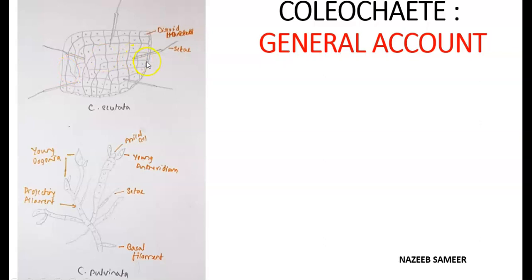It's not near the surface, it's not completely in the interior, but somewhere within, one or two cells will be developing into antheridia, oogonia, etc. And in the case of discoid thallus, you can see on the periphery this lateral meristem, which will be doing the continuous division activity and forming the discoid thallus extension. In that way it will be showing its growth.